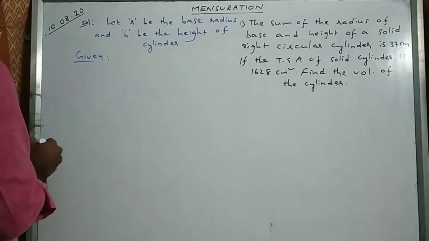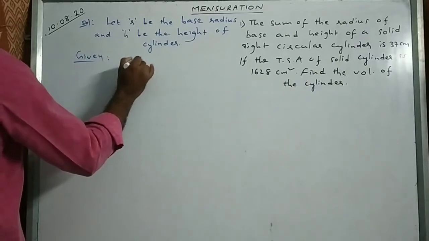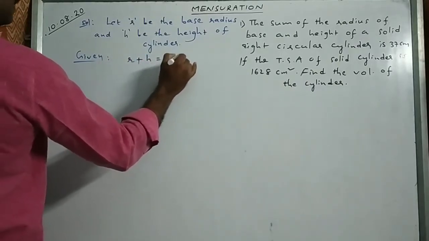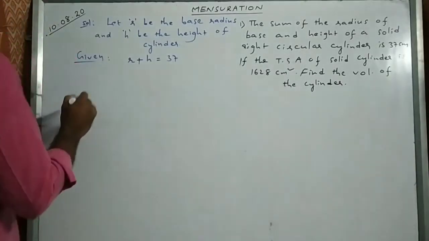The sum of the radius and the height means R plus H equal to 37 cm.